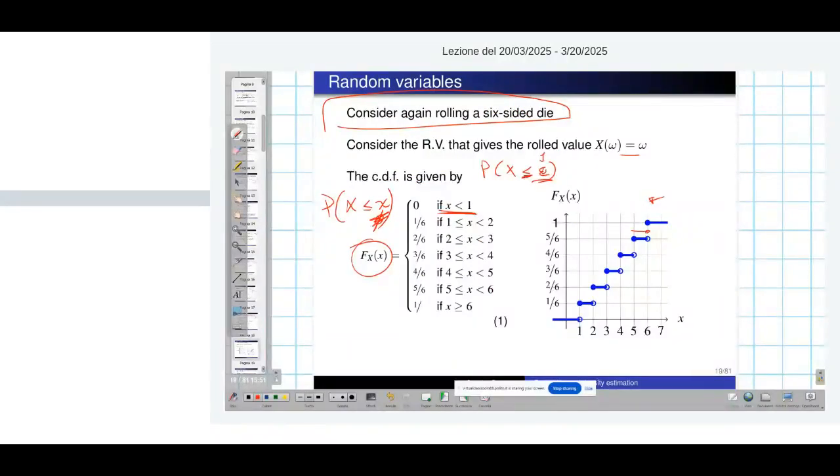When this becomes exactly 1, then the probability becomes 1 over 6, and I have this jump. The probability will be 1 over 6 for all values of small x between 1 and 2 excluded. When I plug in 2, that's the probability the random variable is lower or equal than 2, it becomes 2 over 6. So this is the cumulative distribution function.